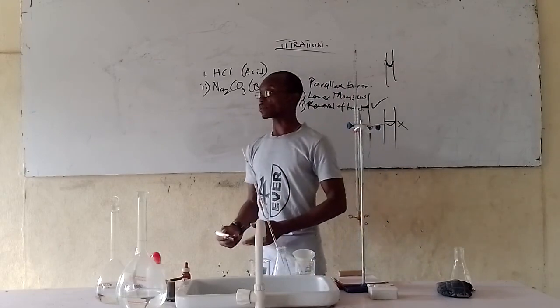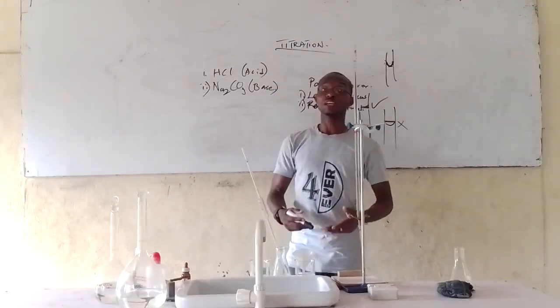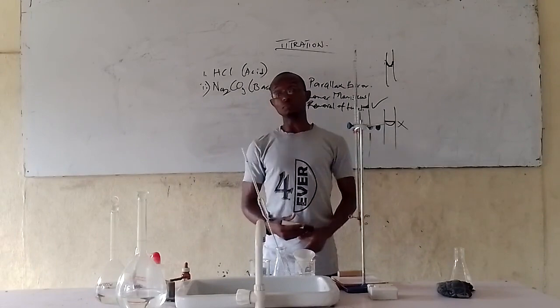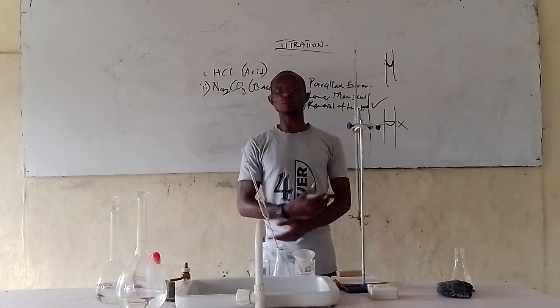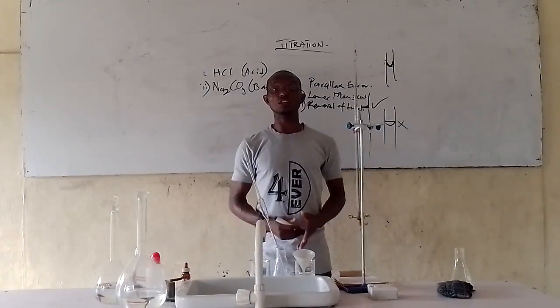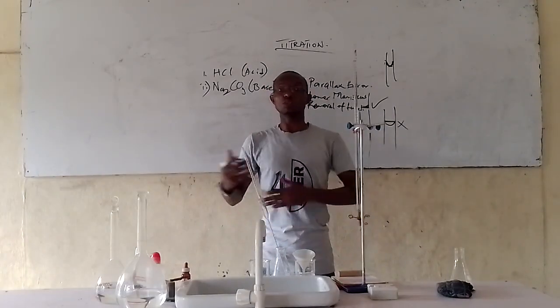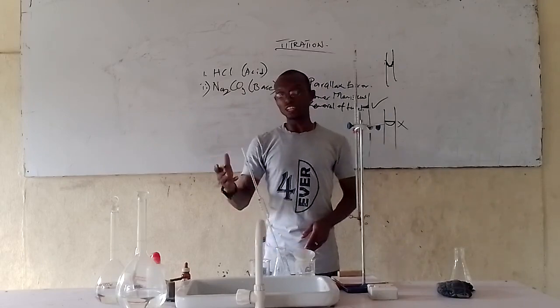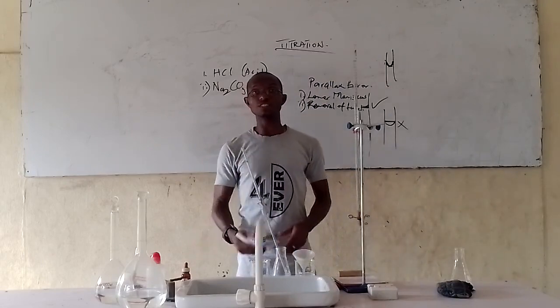So for different types of titration, like if we have a strong acid reacting with a strong base, we can use any type of indicator. Any type of indicator is fine for that type of reaction. But if it is a strong acid with a weak base like what we are having here, then we'll be requiring a methyl orange indicator.